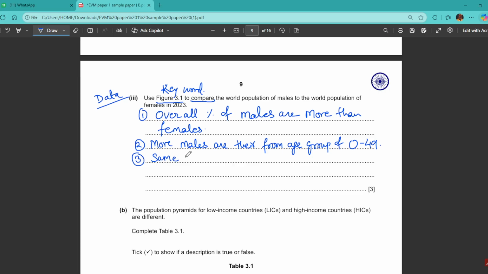Same population of male and female at age group of 50 to 54. So we got two comparisons here and one overall statement. So this will give you, of course, the 3 marks.